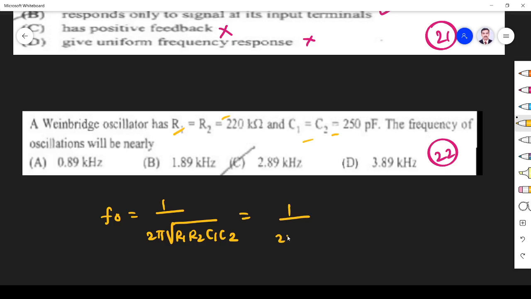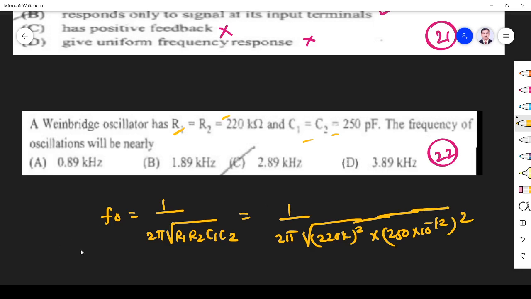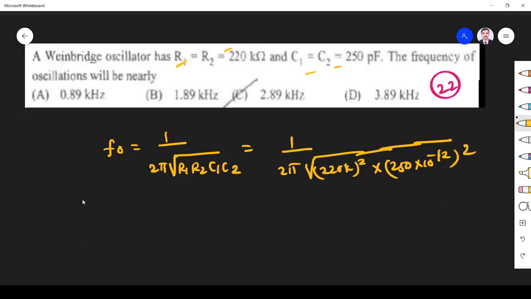So 1 by 2 pi times root of R1 R2, 220K whole square, K means 10 power 3, into C1 C2, 250 into pico, so 10 power minus 12, square. If you simplify, what you get is 2.89 kilohertz. So option C is the right answer.